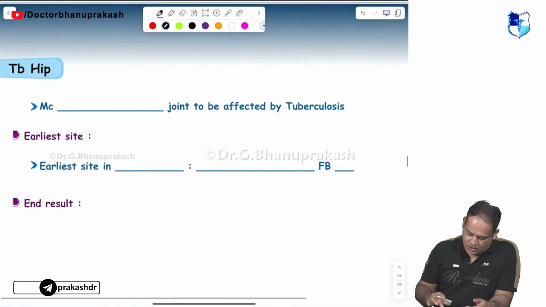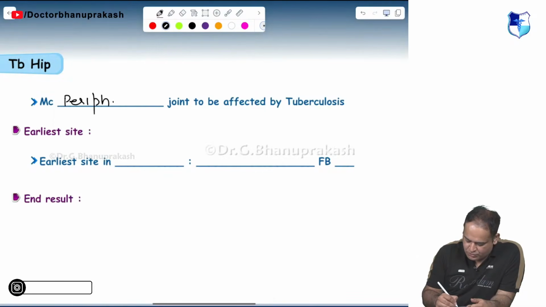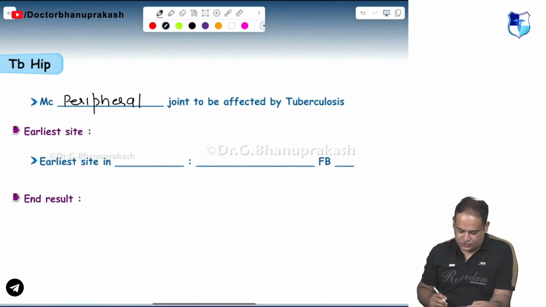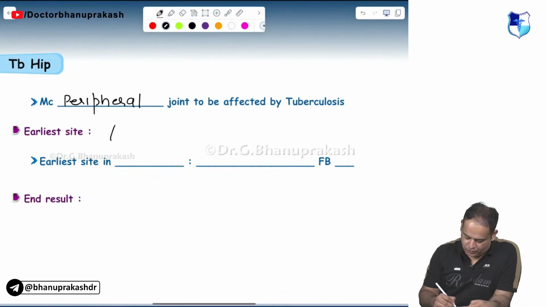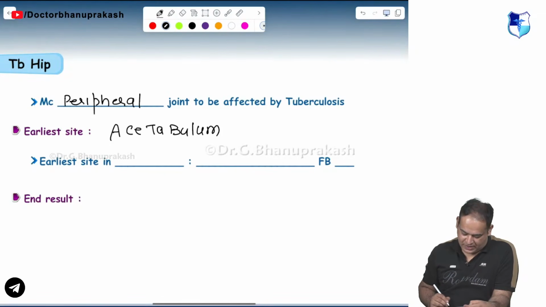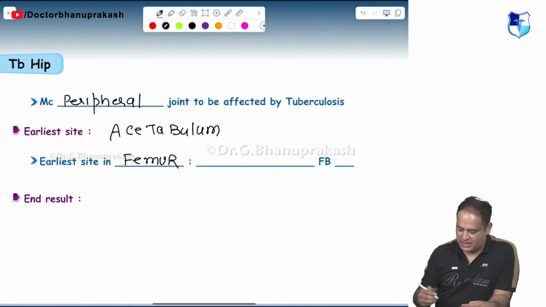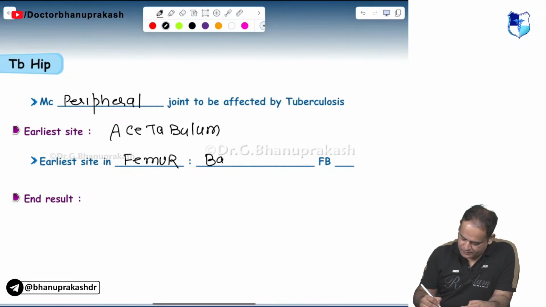Right? Tuberculosis of the hip. So hip is most common peripheral joint affected by tuberculosis. Earliest site is acetabulum. Now earliest site in femur. Earliest site in femur.